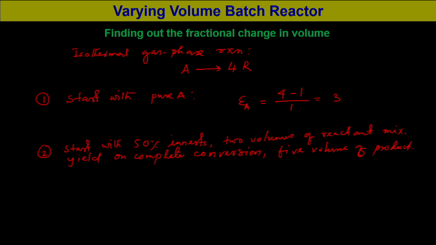So, that means if we take 2 volumes of A, it will produce, as per the stoichiometry, 8 volumes of R, but we had 50% inert.